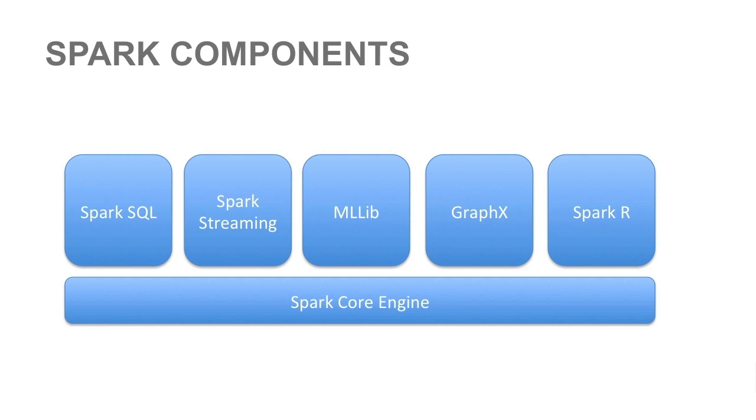Then there are machine learning libraries. There are libraries for dealing with graphs. And there is also SparkR that provides the R programming language interface to Spark. At the time of creating this course, some of these components were at different levels of maturity. Some of them are industrial strength, while some of them were in early development.